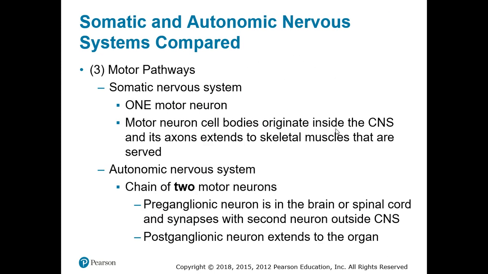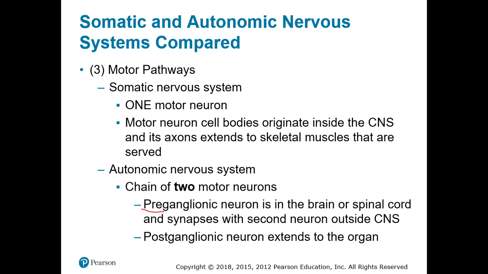So if we go back, somatic is going to be our one that has one motor neuron. It originates in our central nervous system and then extends to the skeletal muscles that they serve. Autonomic nervous system, this is going to be two motor neurons. And these motor neurons get the abbreviation to tell you which one's which.